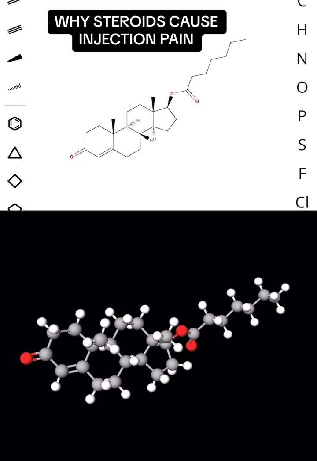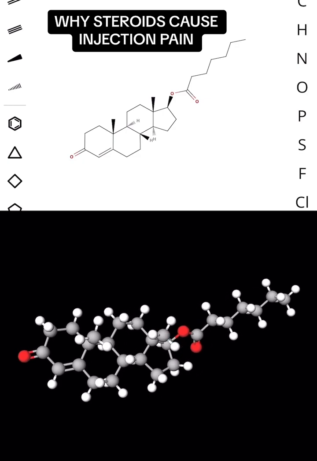It's going to make a clear solution, and it's going to give less pain whenever you inject it compared to something like a testosterone propionate, even a testosterone with an acetate ester, which is just one carbon. And of course, testosterone without an ester is going to be the most painful because it is the most water soluble.